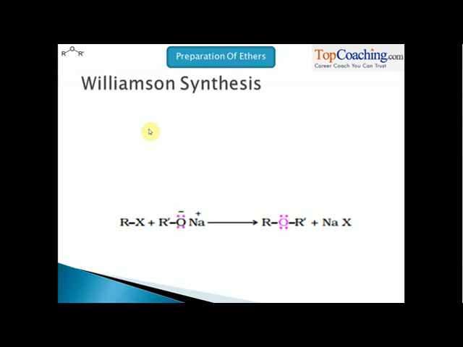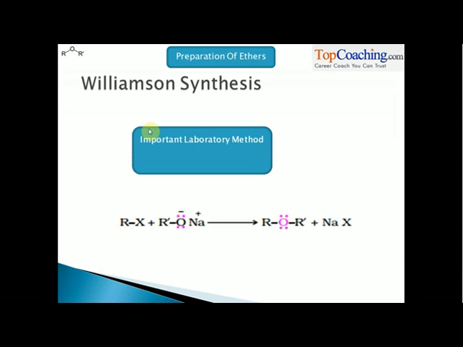First and foremost, let us have a look at how ethers are prepared. Williamson synthesis is a very popular mode of preparation of ethers. As the name suggests, it was suggested by a scientist named Williamson in 1850. This reaction is an important laboratory method for preparation of ethers. It takes around 1 to 8 hours.